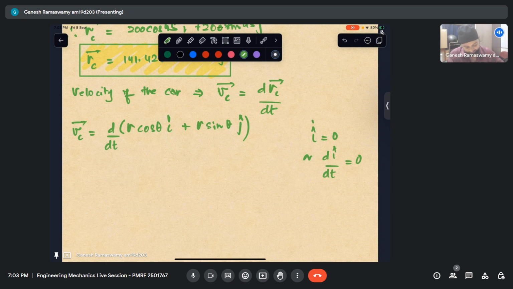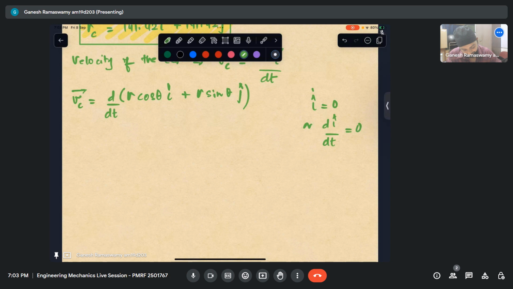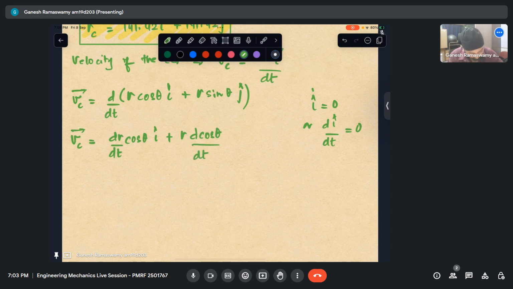Okay, so in such a case, Vc can be written as dr by dt cos theta i cap plus r d cos theta by dt i cap plus dr by dt sin theta.